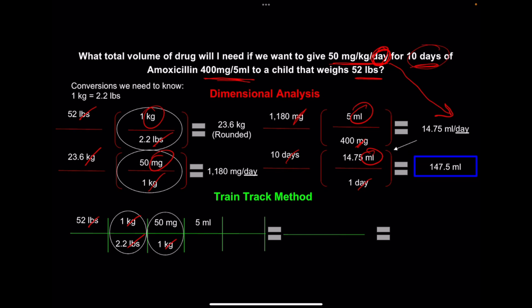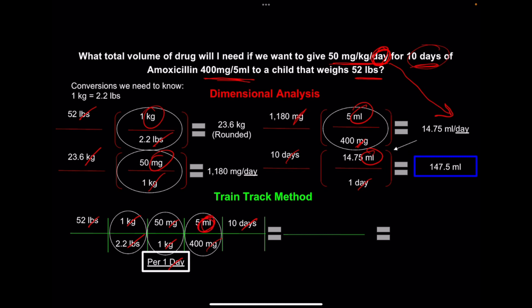All right, we use our next conversion factor, which is 5 mLs per 400 milligrams. All right, that is the exact same. Our milligrams cancel out. Now remember, that is per 1 day. We are looking for a total of mLs. So we have our 10 days, days cancel out, and we are left with mLs, which is what we want.